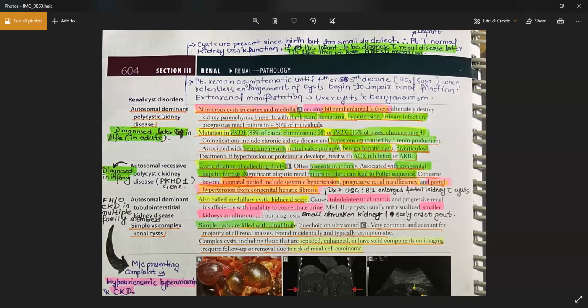And when they attain a size which involves more than, I think, 60-70% of the parenchyma of your kidney, in that case, you will be having symptoms of kidney failure. And that's when the patient will present to you. So please note the cysts are present from birth also, but they only become visible in adult life.